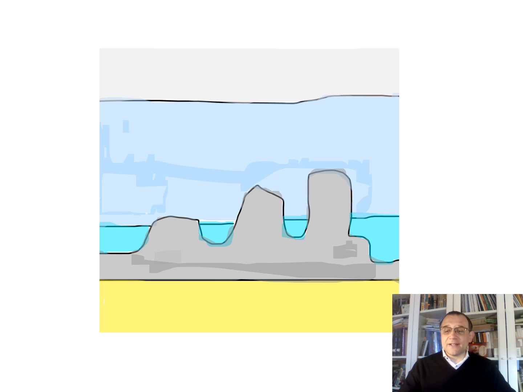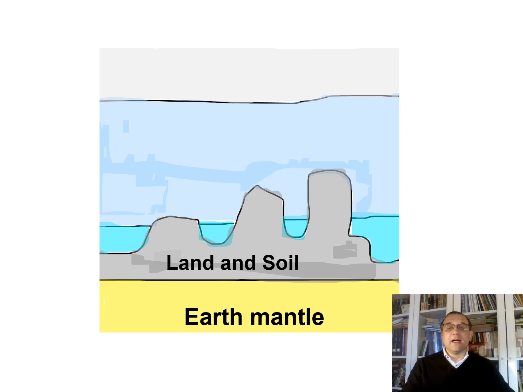So let's identify the biosphere on this very small drawing. Will life exist in the Earth's mantle? I don't think so. How about land and soil? Yes, of course. Water, oh yes, it is there. Air, yes.